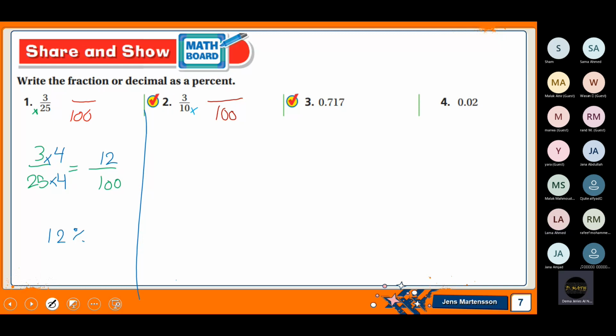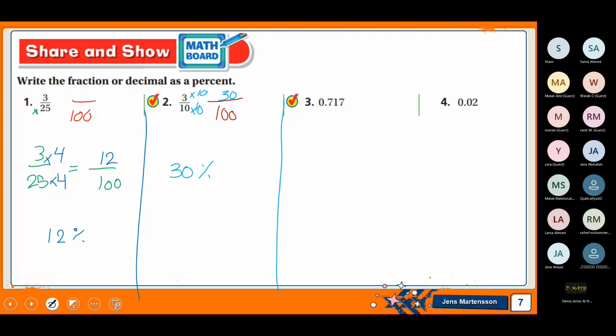You multiply it by what to give 100? 10. Good job. And 3 by what? 3 by 10. Bravo. 3 by 10 is? 30. 30 over 100. How do you write it as a percent? 30%. Thank you so much, Lama.